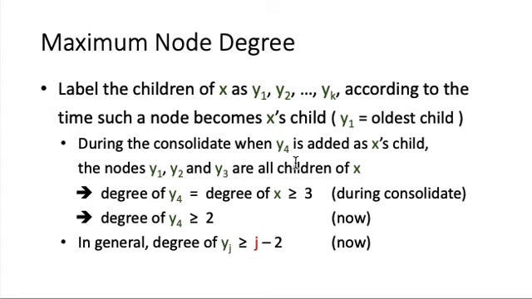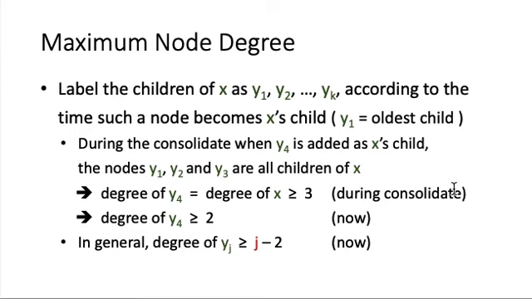Let's also see what happens to y4. We can use the same logic. At the time y4 was added to x as its child during a certain consolidation, the nodes y1, y2, y3 at that time must be present as the children of x. So the degree of y4 during consolidation must be equal to the degree of x during consolidation.